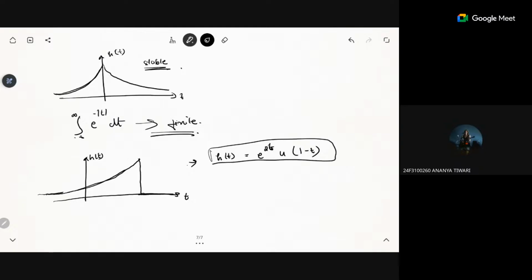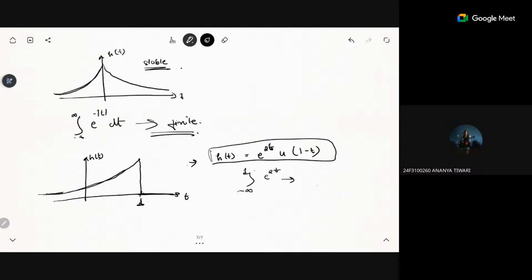When you try to integrate this, 2 e to the power 2t, sorry, u of 1 minus t, your limits are going from minus infinity to 1, right?